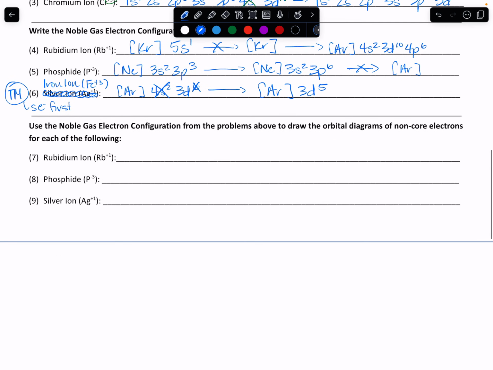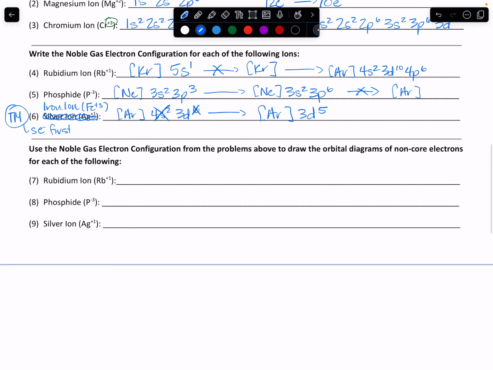Now, using these noble gas configurations, draw the orbital diagrams of these non-core electrons. So for rubidium, I'm going to have argon, and then I'm going to have 4s, 3d, and then 3p. Oh, my 3p is not that good. Hold on. Spread those out just a little bit more. There we go.